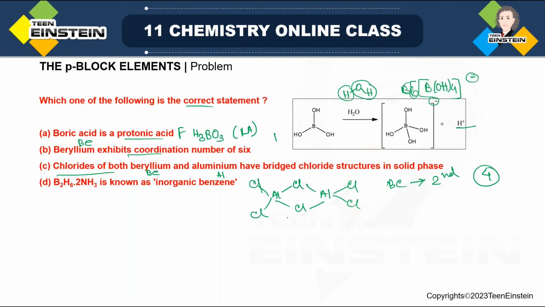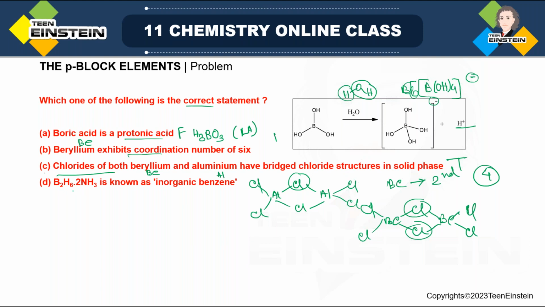If you consider the octahedral arrangement, then 2 more chlorines will be there, but whatever it is, this bridging chlorine is present. And if you consider the beryllium chloride structure, in the S block chapter you can check it, this type of structure we have seen. That means here also, in the solid state, we have bridging chlorine. Chlorides of both these elements have bridged chloride structure in solid phase. So this is also a true statement.